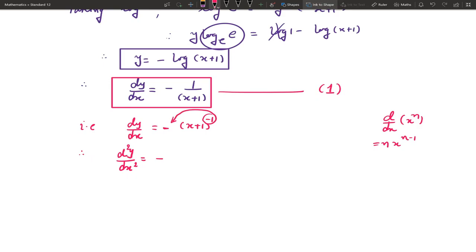So minus minus plus (x plus 1) raised to minus 2 into, by chain rule, d by dx of (x plus 1).